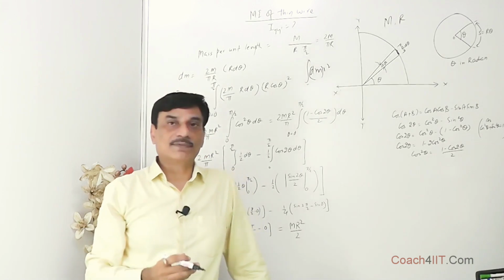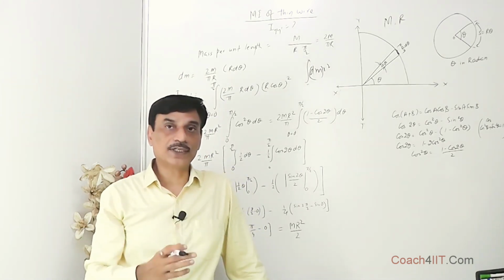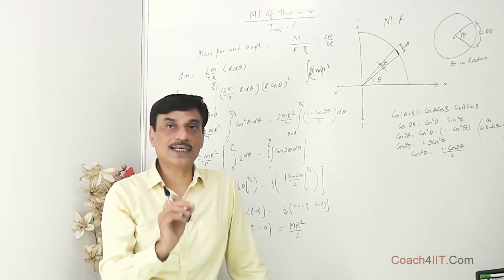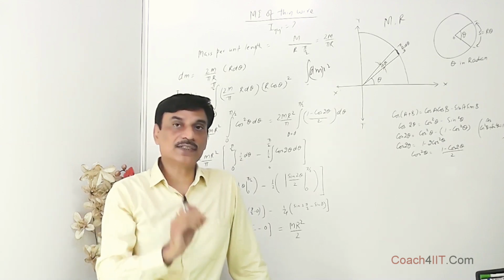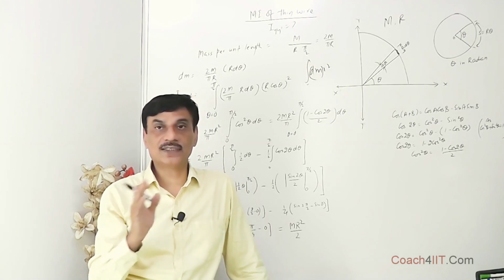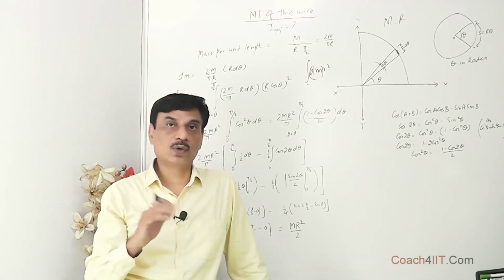Our method remains the same. At a general position we take a small section, find its dm, the differential element of mass, then use dm into r square for its moment of inertia about this axis, and integrate with suitable lower and upper limits.